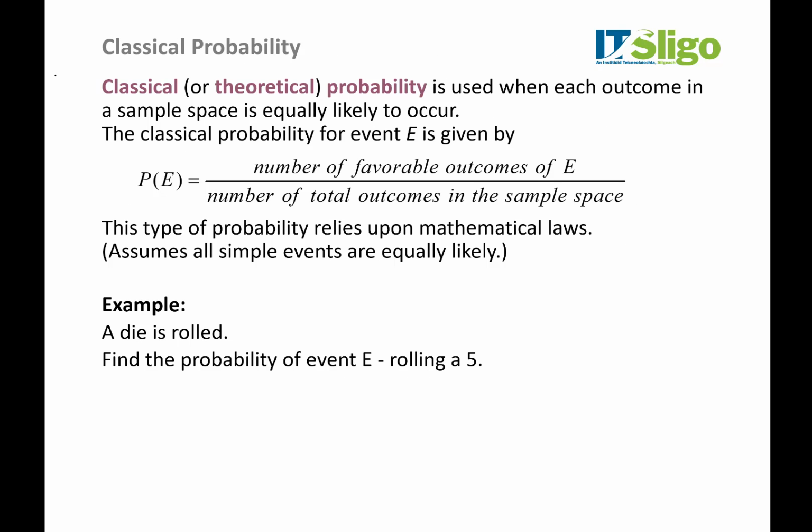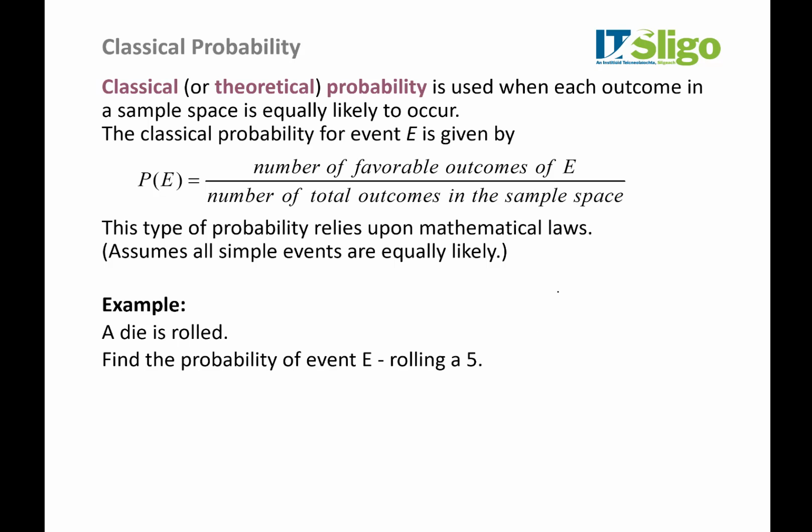So classical is really where each outcome is equally likely to occur. And what we have is the number of favorable outcomes over the total number of outcomes. Just to give an example, if a dice is rolled, find the probability of rolling a 5.